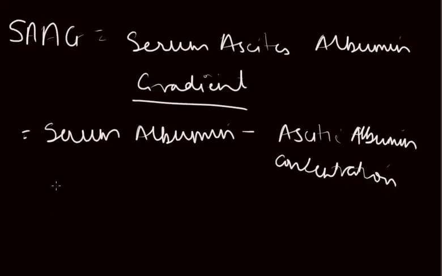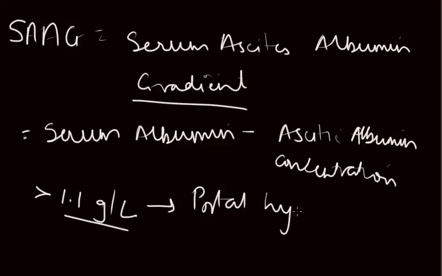Studies show that a SAAG of more than 1.1 gram per deciliter is indicative of portal hypertension, and this is 97% accurate.